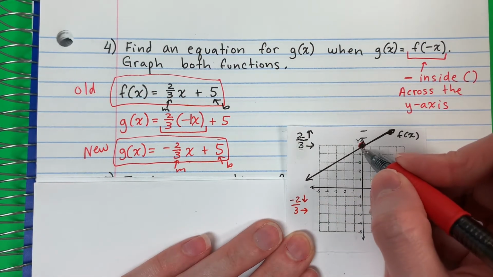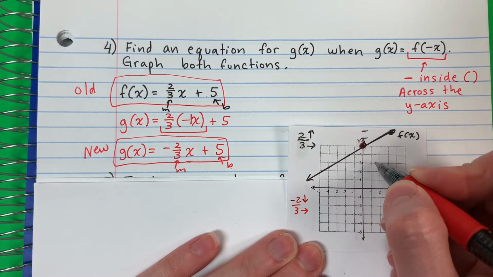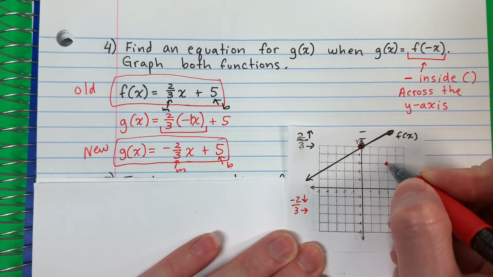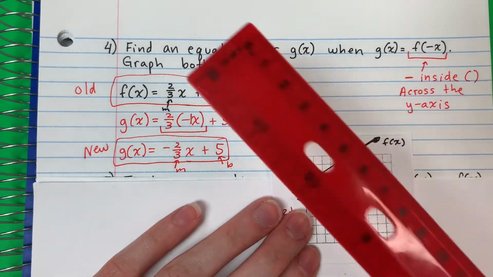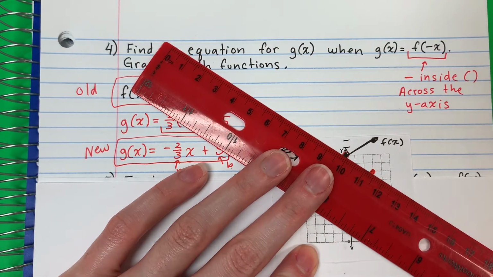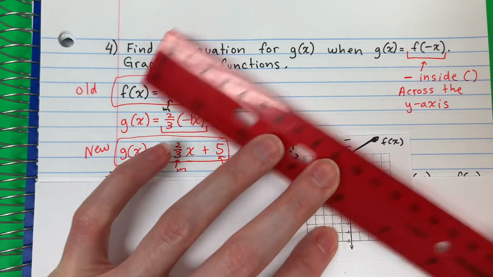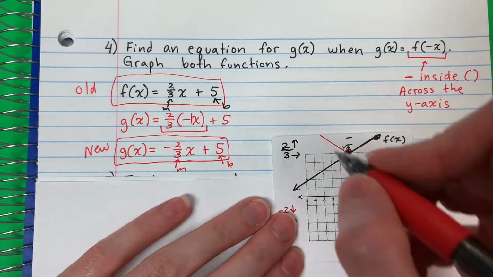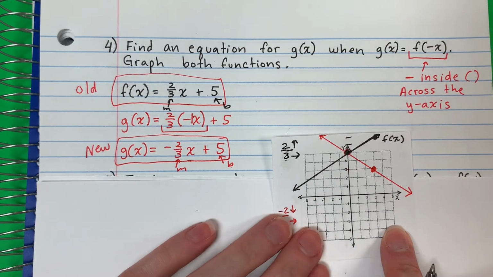So go down 2, 1, 2, and 3 to the right, 3 a la derecha. 1, 2, 3. And you do your line. This one, the name, el nombre, g of x.